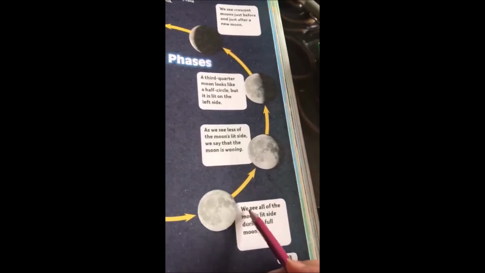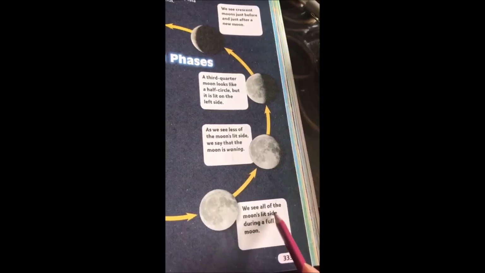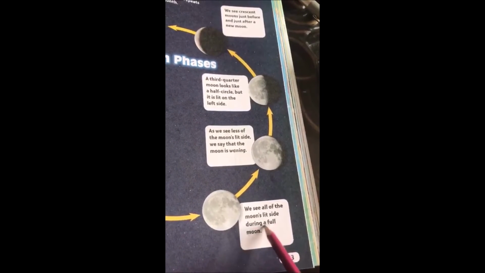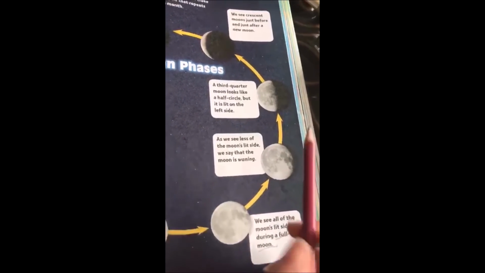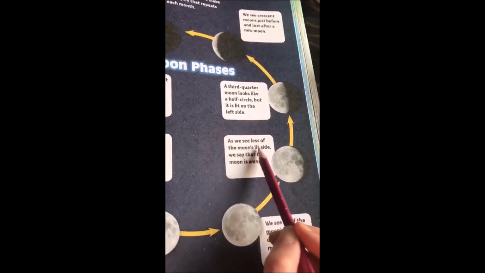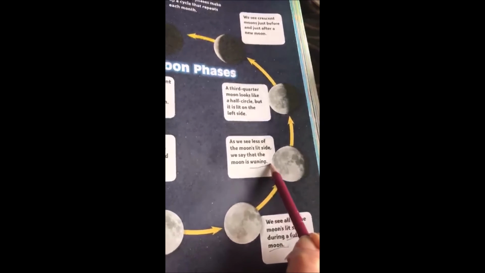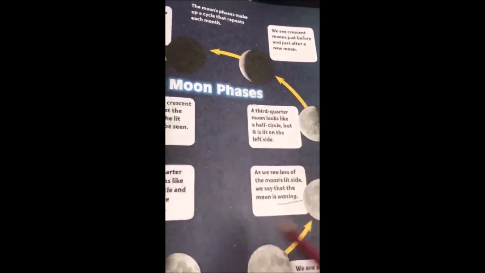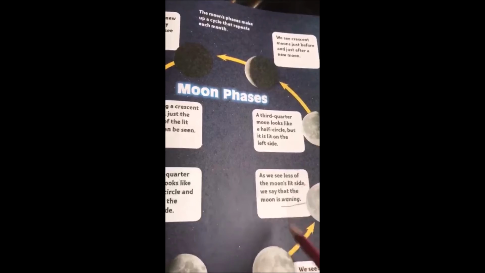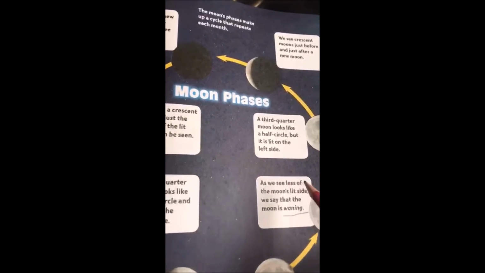Then over here we see all of the moon's lit side during a full moon, so this is a full moon. And here, as we see less of the moon's lit side, we say that the moon is waning. So as you see, like we took it before in grade 2 and 3, but with more details, like more phases, okay?